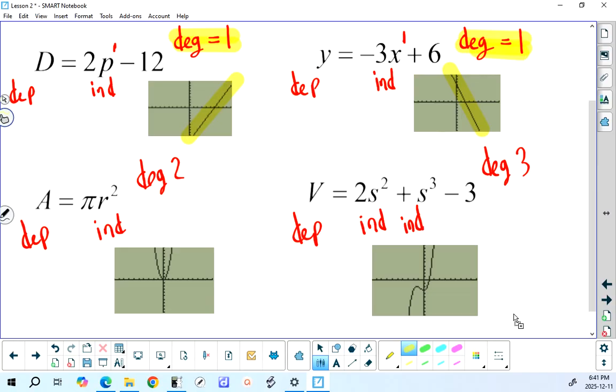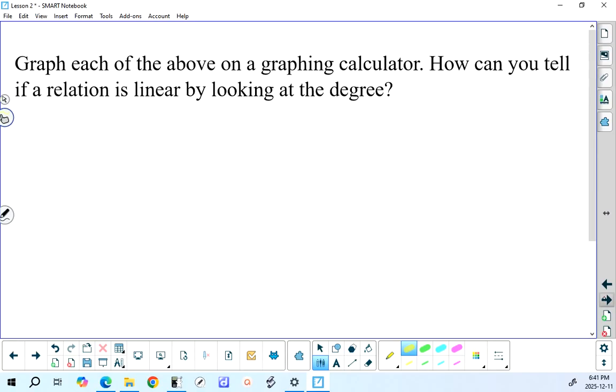We don't need to worry about that because you're going to study that next year. That's grade 11 math. And a degree 3 is called a cubic, which you would learn about in grade 12. And you would also learn in grade 12 about degree 4 and about degree 5. So the bottom line here is, if it is a degree 1, it's linear.